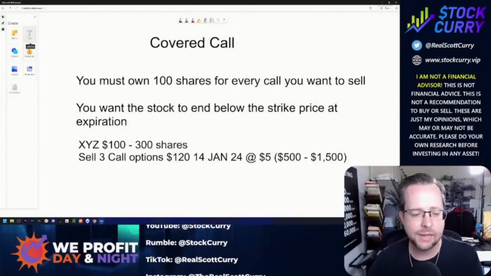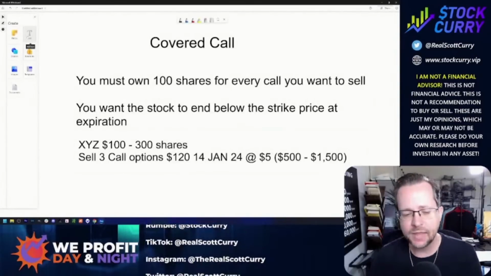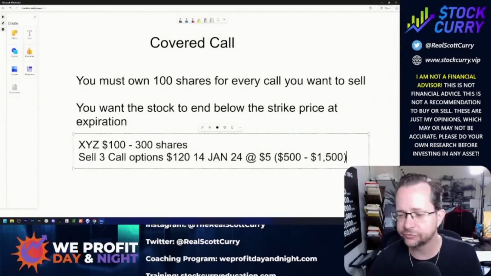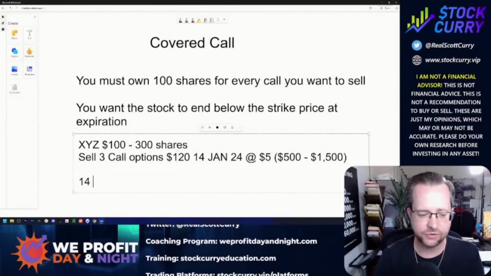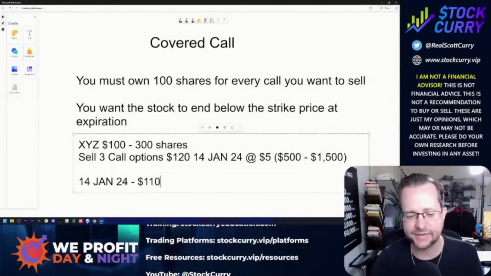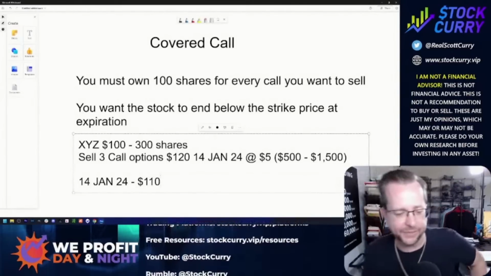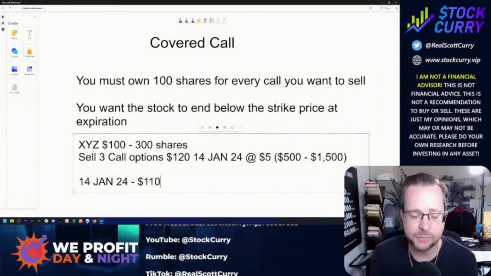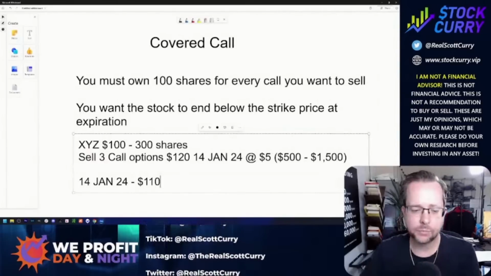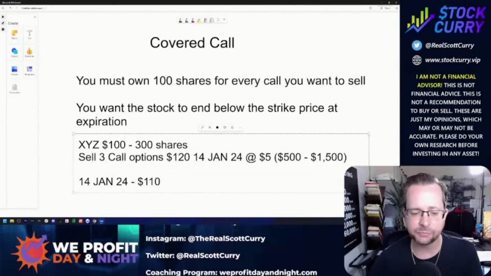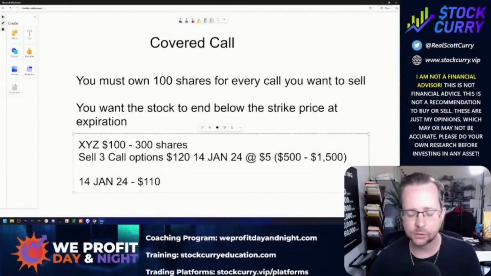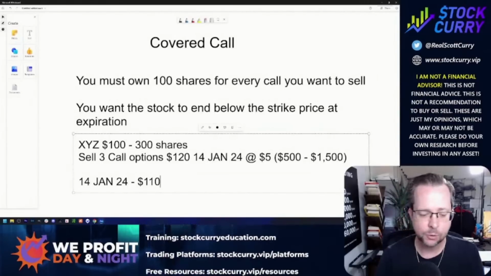Now, if you get lucky, and XYZ stock on the 14th of January 2024 is at $110, what's going to happen? The option is going to be worthless, because the person that bought it is not going to buy the shares from you at 120 when he can go in the open market and buy them for 110. So the option is worthless.